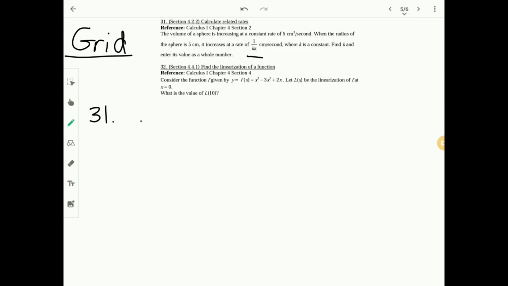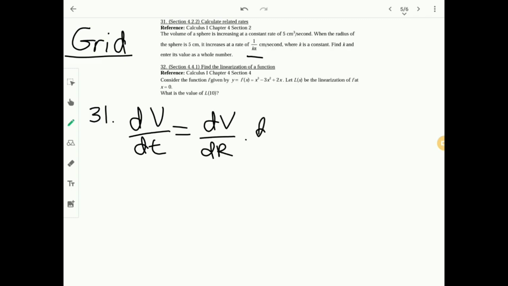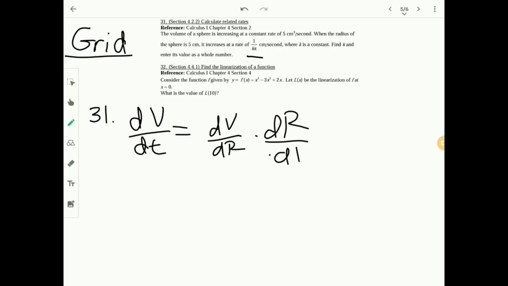So in this question, basically dV over dt is equal to dV over dr times dr over dt.